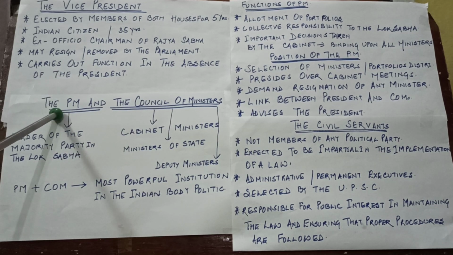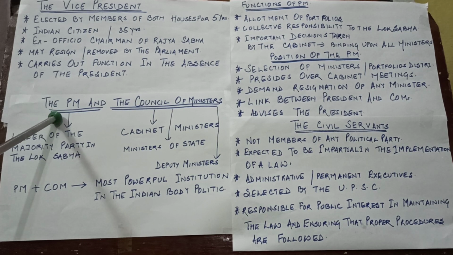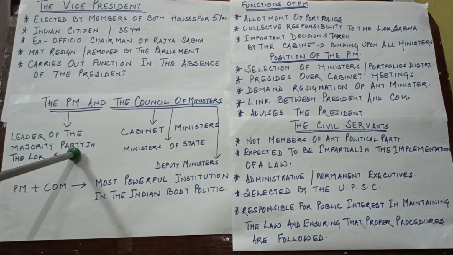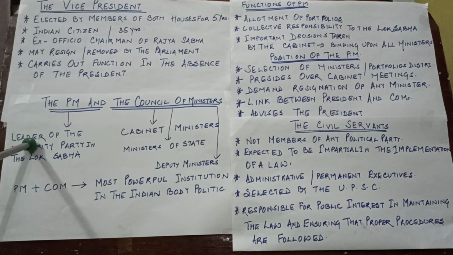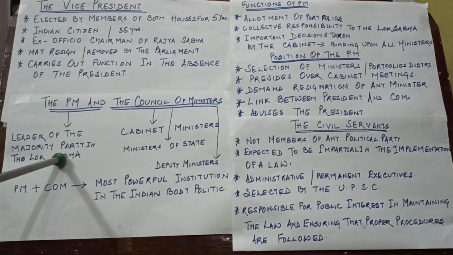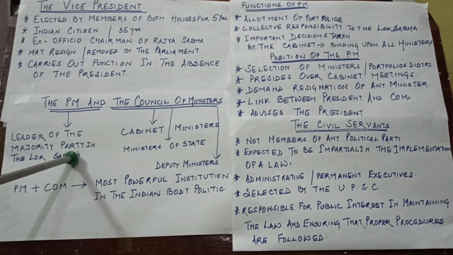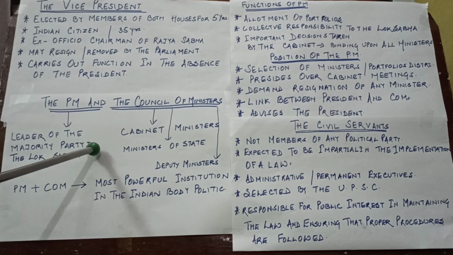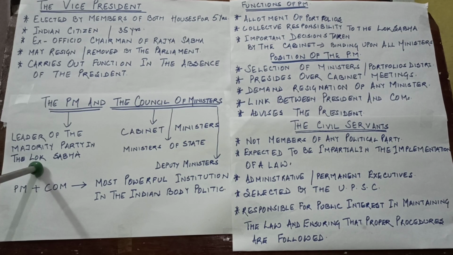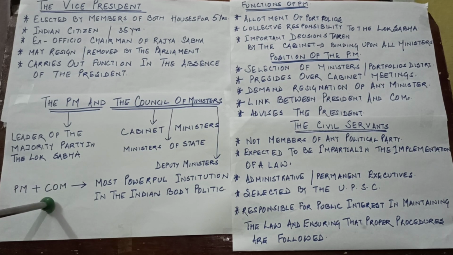The prime minister is the most important person in the country. He is not only the leader of the Lok Sabha, but also the leader of the majority party represented in the Lok Sabha. He has a big responsibility of managing the affairs in the country, both internal as well as external, together with the Council of Ministers.